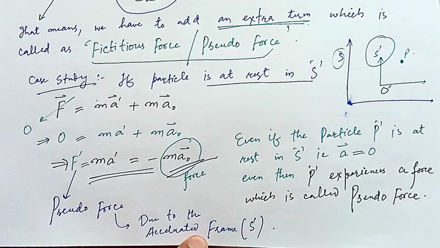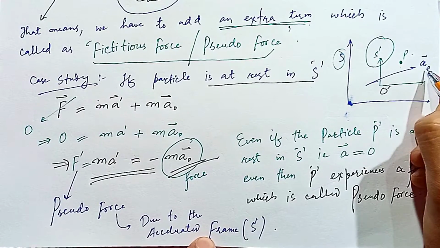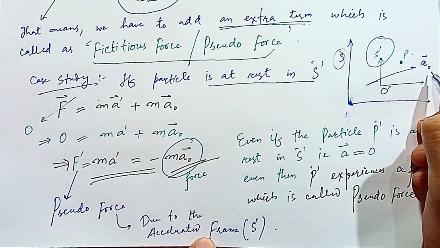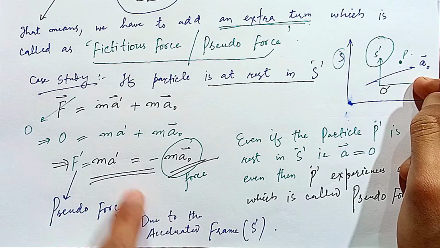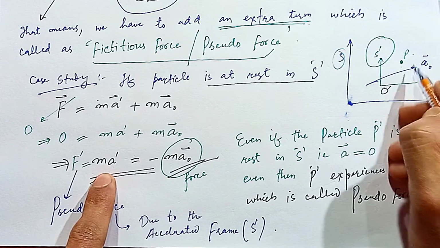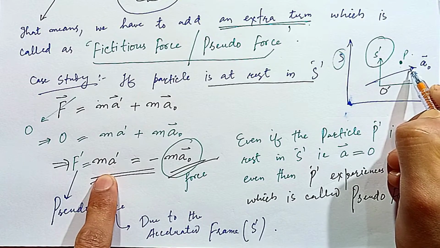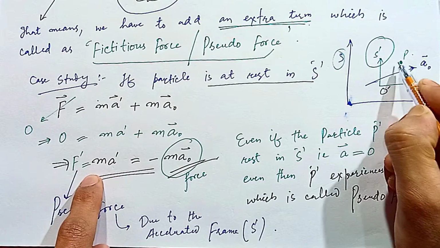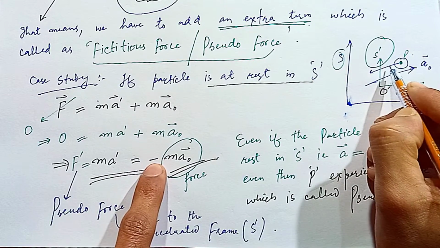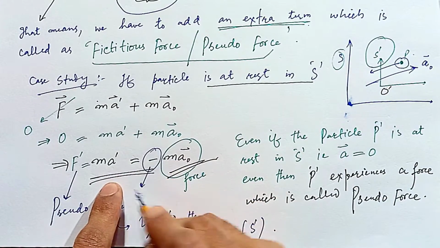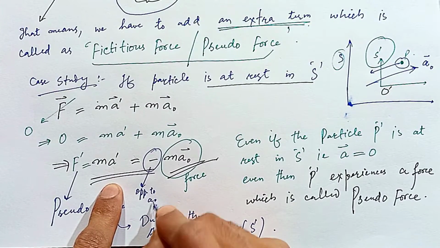That is, S prime is itself accelerated with some acceleration a naught, and that gives the origin to that fictitious force. If the acceleration is in this direction, the force experienced by that body will be opposite to that. This is the meaning of the minus sign. It means opposite to a naught.